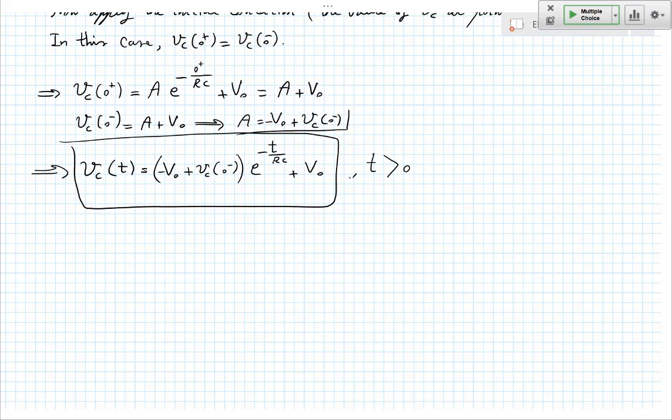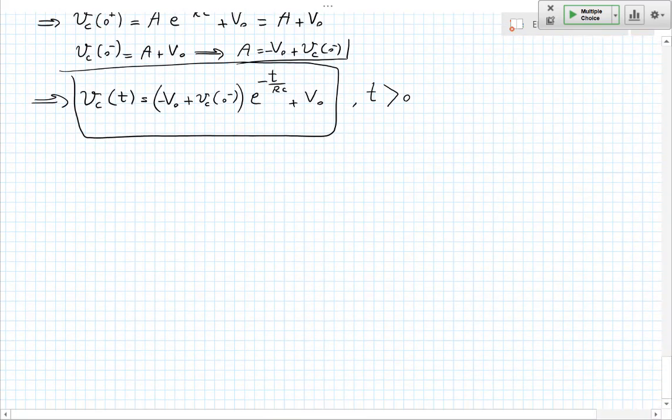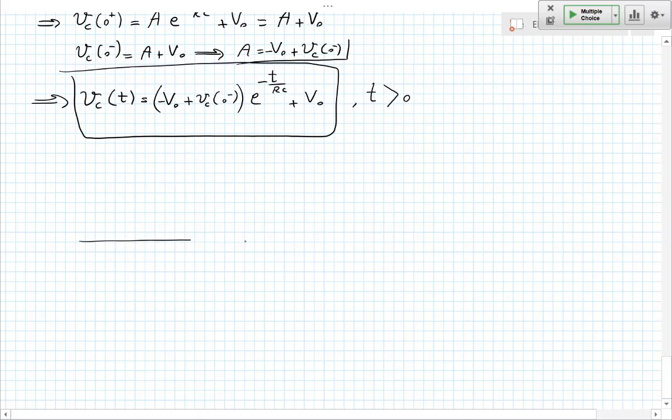Now if I were to put everything together and plot this on the entire time axis, this is what I'd see. So before t equals 0, the capacitor was charged to some Vc of 0 minus.